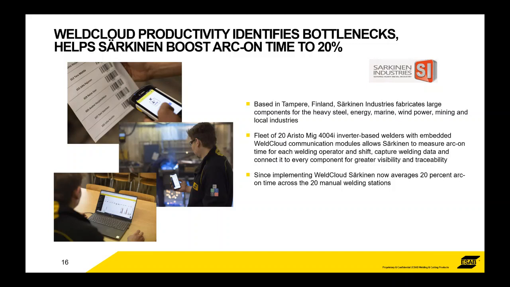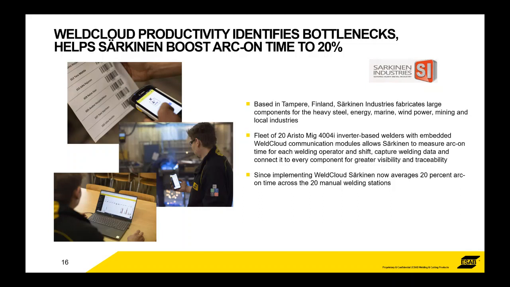A couple of years ago, they installed a number of Aristo MIGs from ESAB, equipped with WeldCloud, and over time they have successfully increased their welding productivity, utilizing a standardized process to improve productivity. And now they have visibility. They get visibility into where they might have problems, and they can then do something about it.